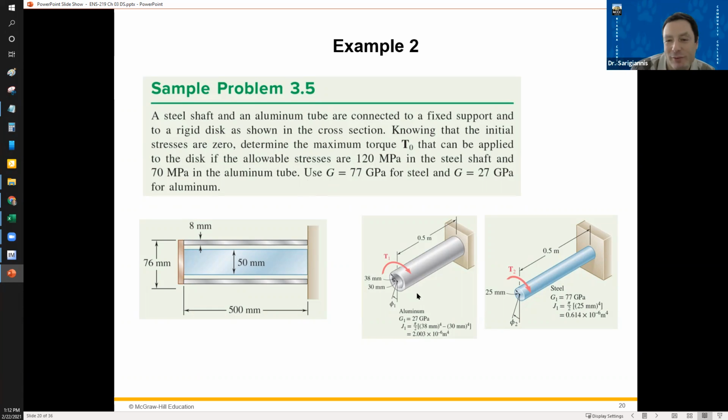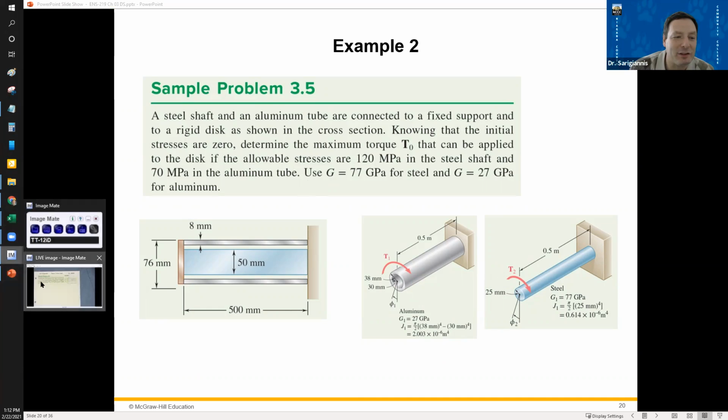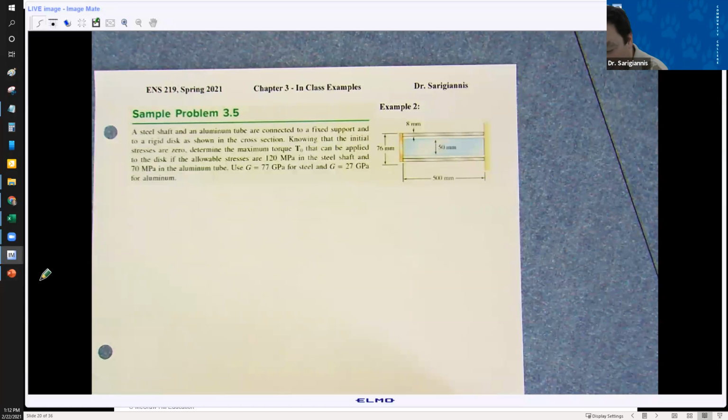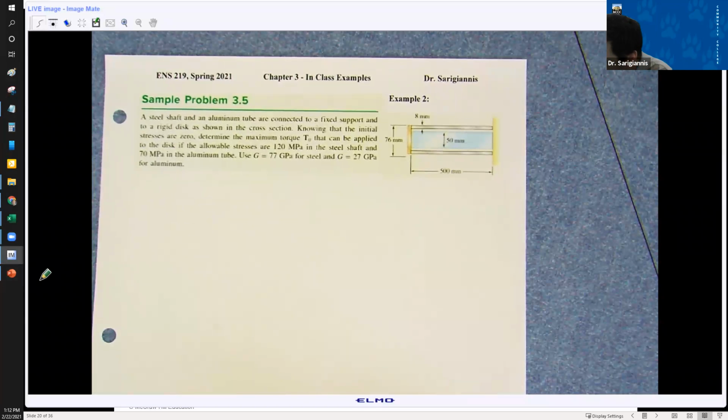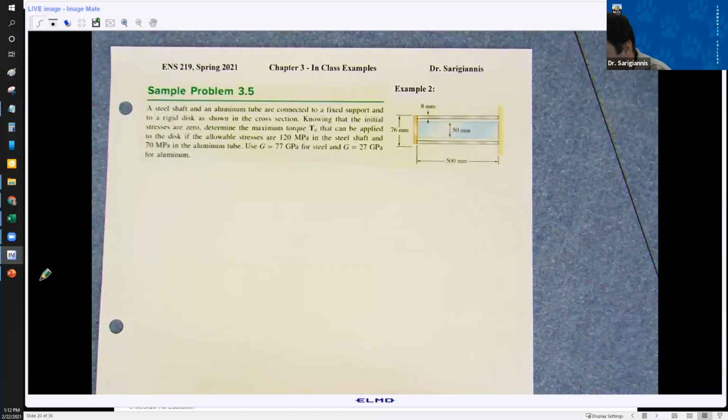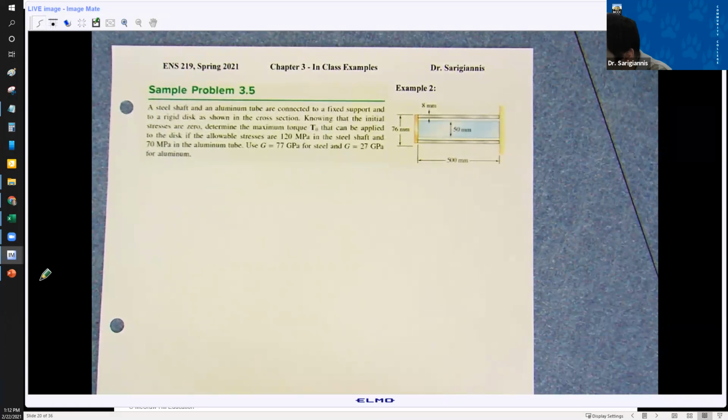Now you can kind of see from these images, I took these right out of the book, but you can kind of see we're going to look at the torques, torque 1 and torque 2 on each of these. So let's see how that's going to look on a piece of paper here. So the first thing I'm going to do is draw a free body diagram of this disc on the end.